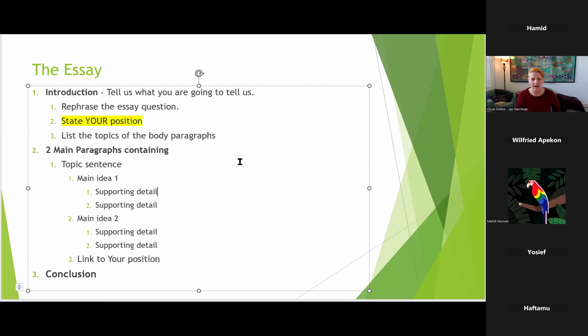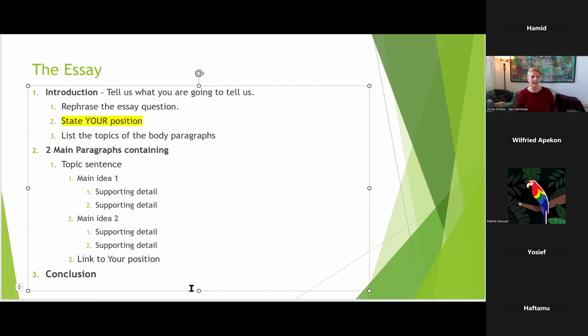Right? Please do not use the words "in this essay, I will." We know it's an essay and we know what you're going to do. But what you can do is state your position, and I hold this position for these 2 reasons.